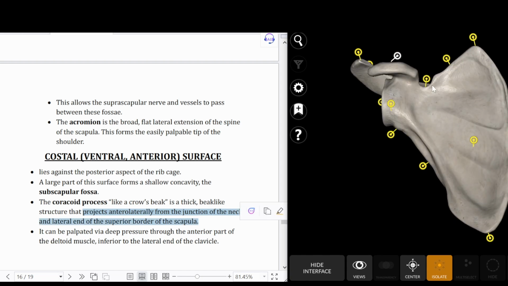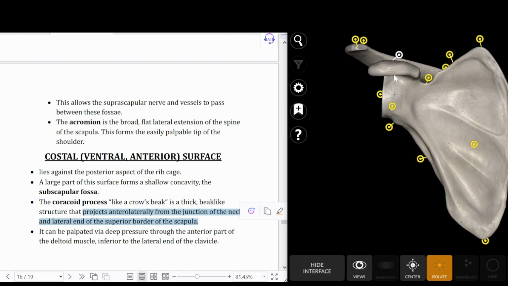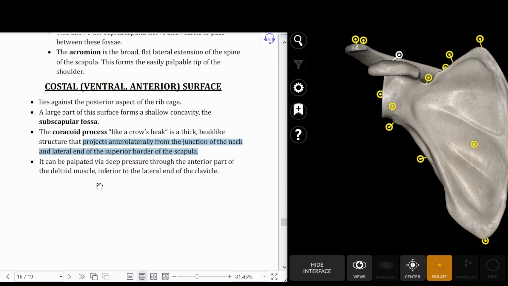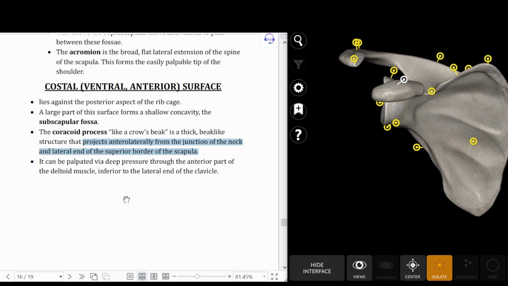So this is your superior border, and from its lateral aspect, just from the base of the neck, the coracoid process arises, and it can also be palpated just below the lateral end of the clavicle. Inferior to the lateral end of the clavicle, this coracoid process can be palpated.